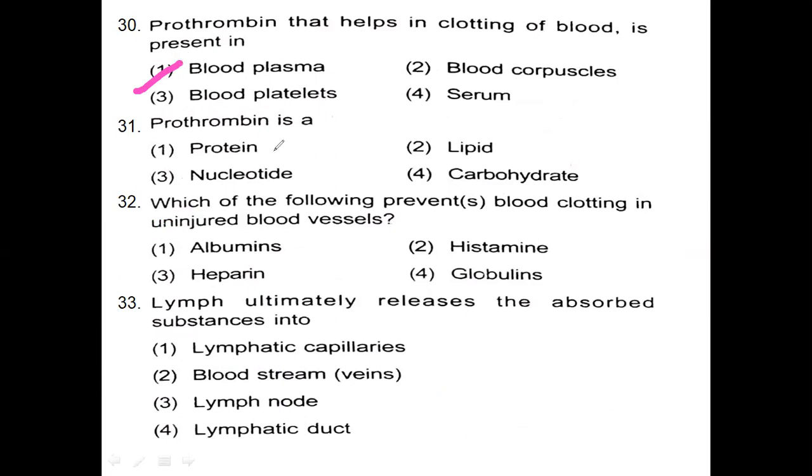Prothrombin is a protein, lipid, nucleotide, carbohydrate. It is a protein. Which of the following prevents blood clotting in uninjured blood vessels? Heparin.